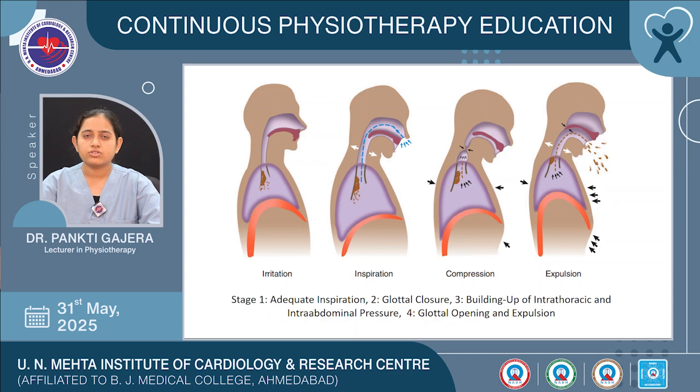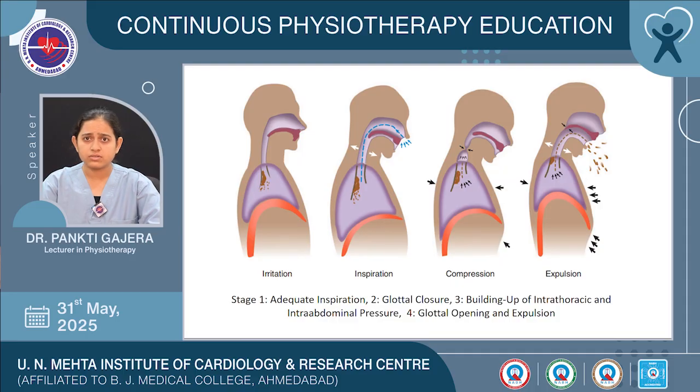So in the stages of cough, the first stage is adequate inspiration. The patient is inhaling a proper volume of air into the lungs. After proper inspiration, the second stage is glottal closure, that is, the glottis is closed.